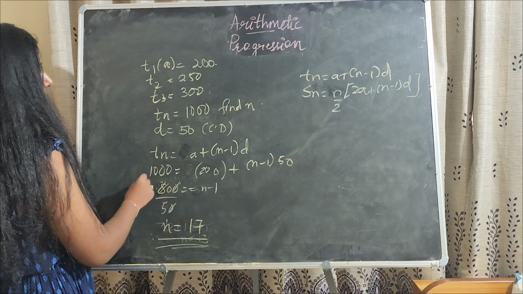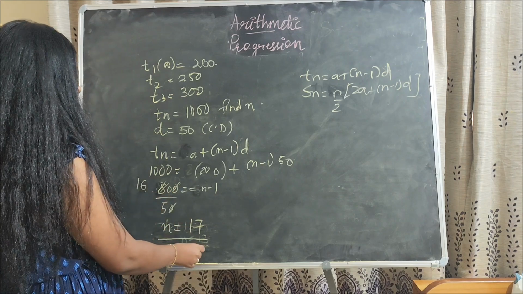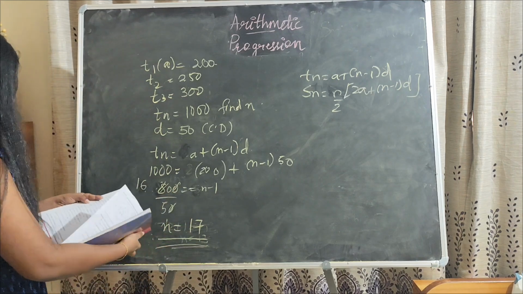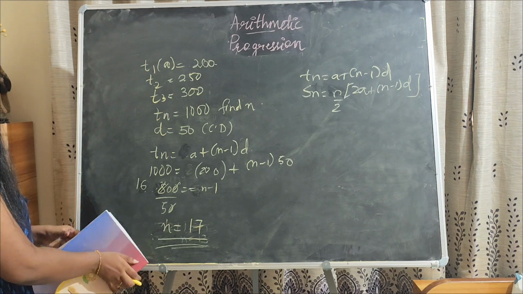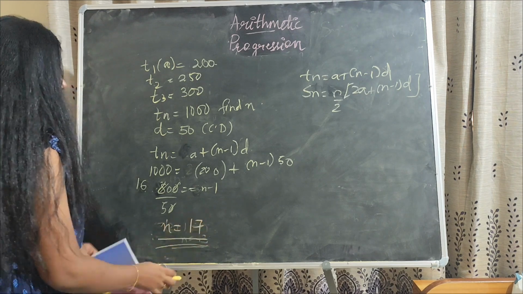N is 16 plus 1, which is 17. So in the 17th month, he will save 1000.